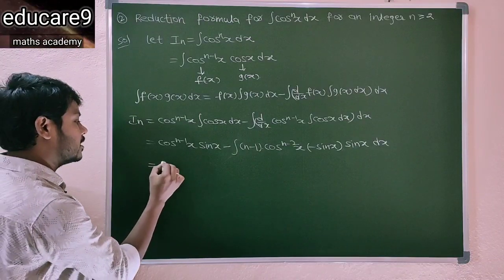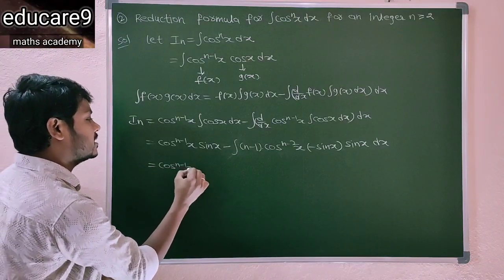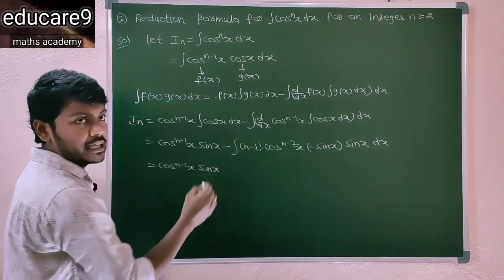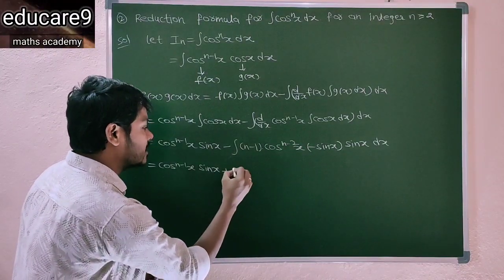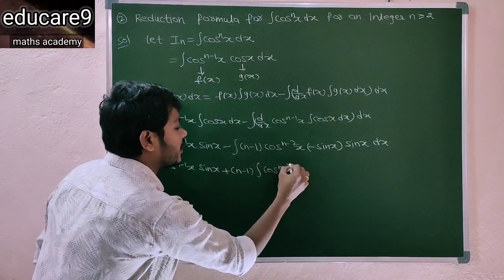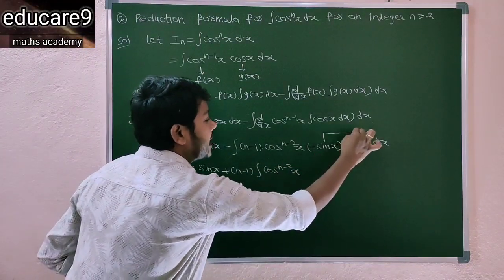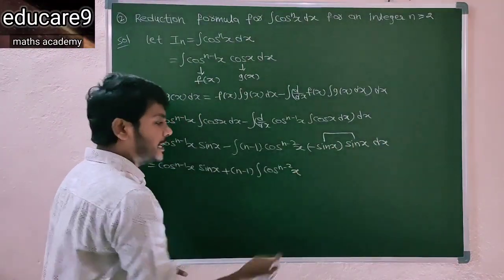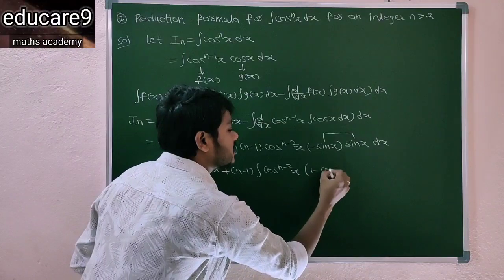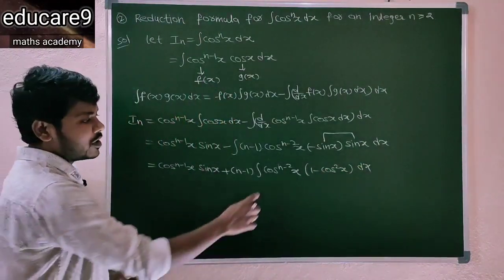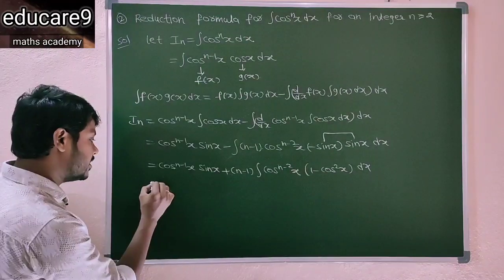Now this is cos^(n-1) x sin x, here minus into minus is plus, (n-1) into integration of cos^(n-2) x. So here sin x into sin x is sin^2 x. This sin^2 x we write as 1 minus cos^2 x dx.